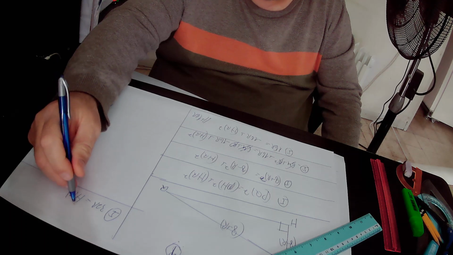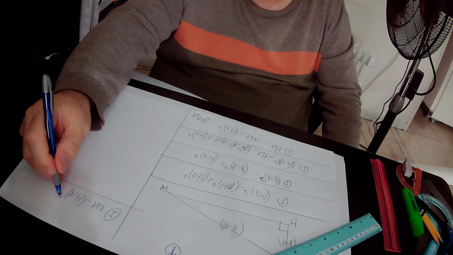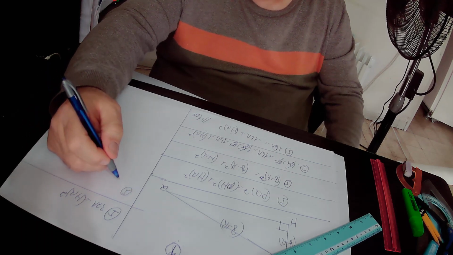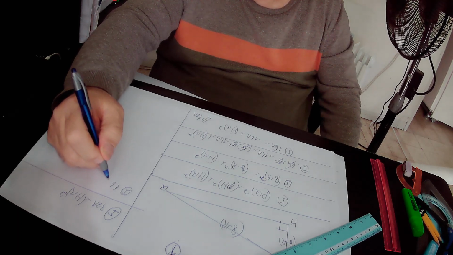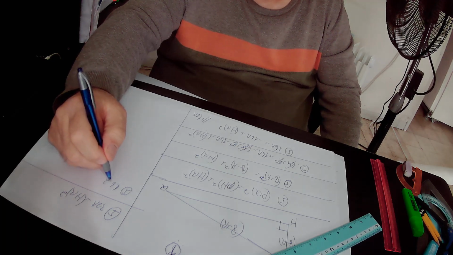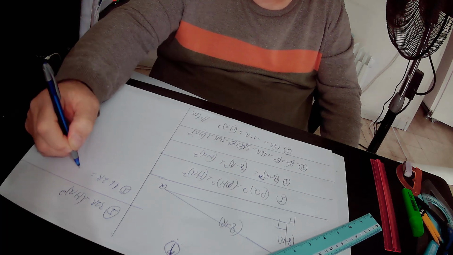So according to equation 1, 32R equals HQ square. We know that 32 is 16 times 2, so we substitute 32 by 16 times 2, so it is 16 times 2R, and this equals HQ square.